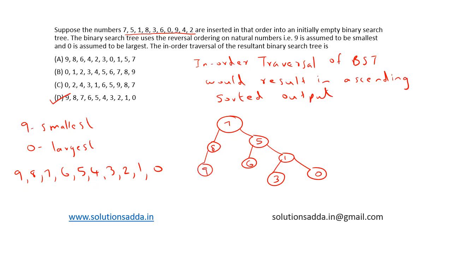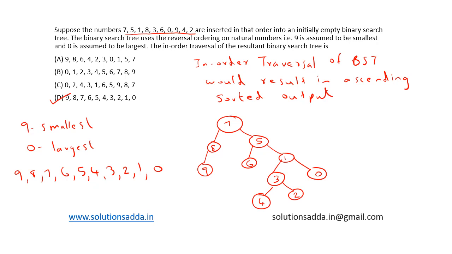Next we have 4. 4 is greater than 7, greater than 5 but less than 1, as well as less than 3. So 4 would be here. Next we have 2. 2 is greater than 7, 5 but less than 1 but greater than 3. So it will be here.